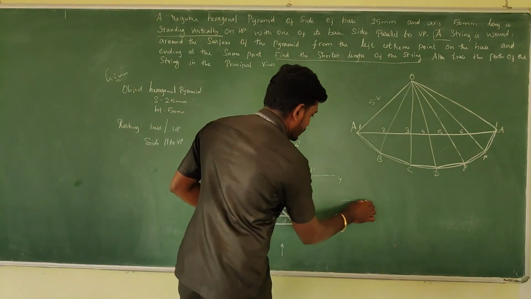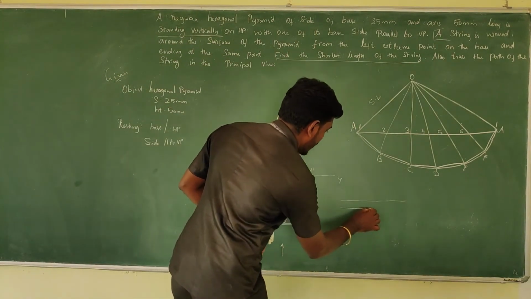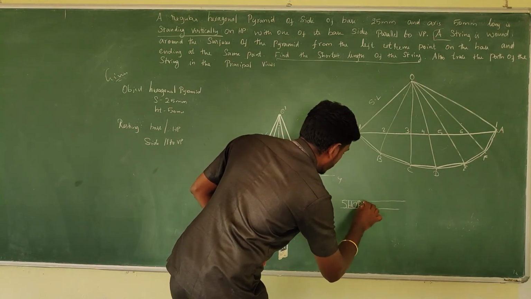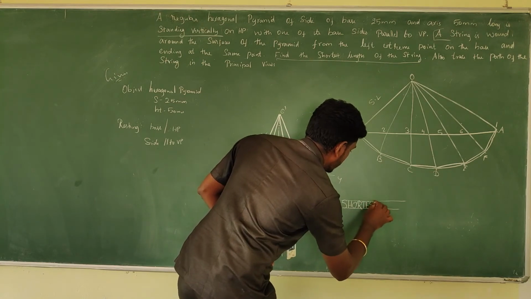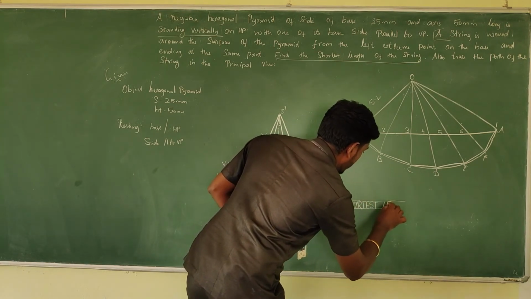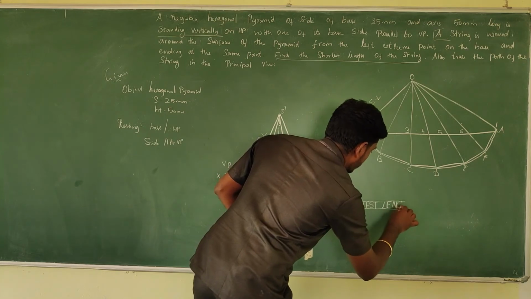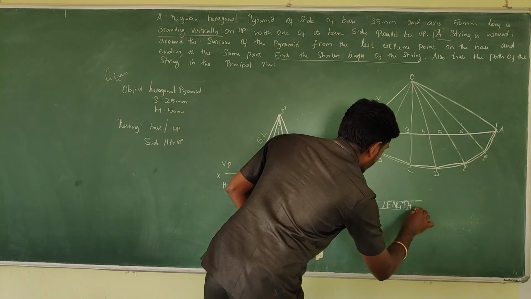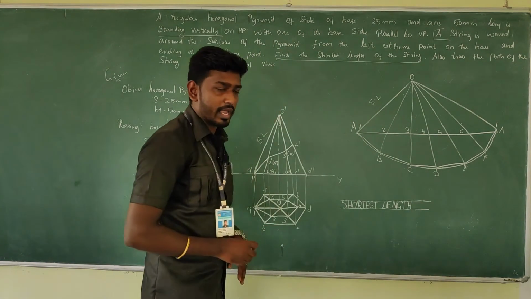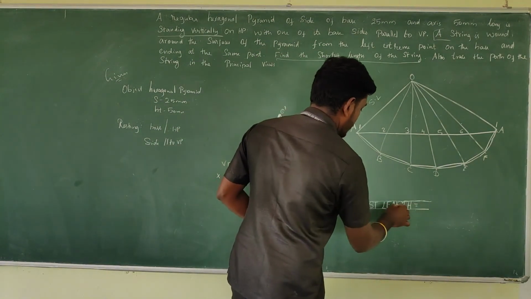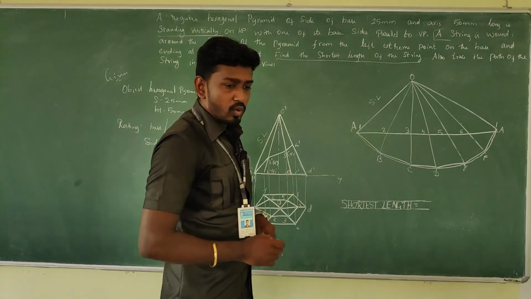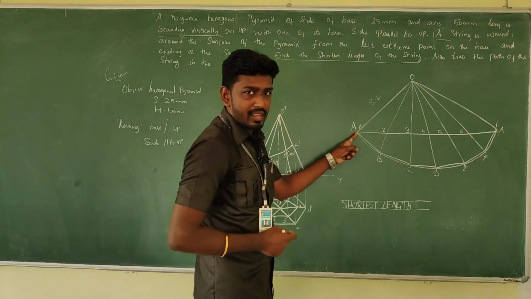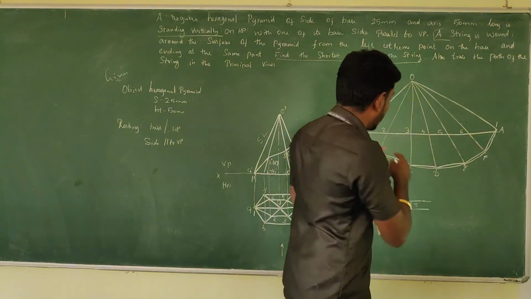Okay, so take a guideline and write shortest length. Shortest length, how much? Shortest length is equal to, what you have to do is, with the help of a scale, measure the length, just taking from A to A in this.